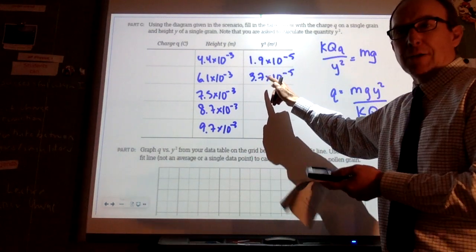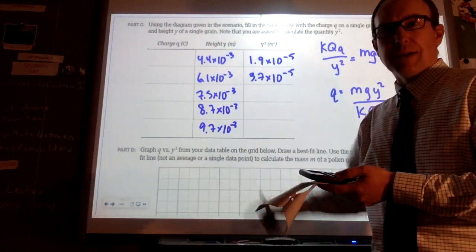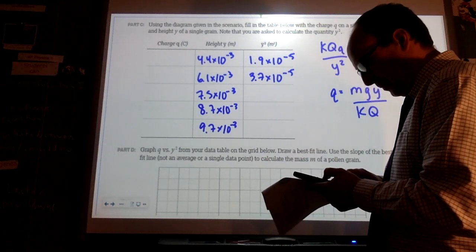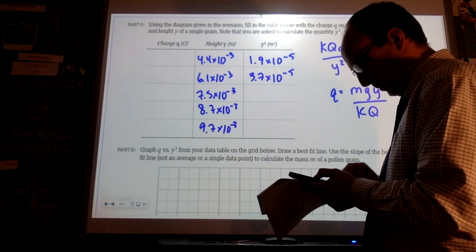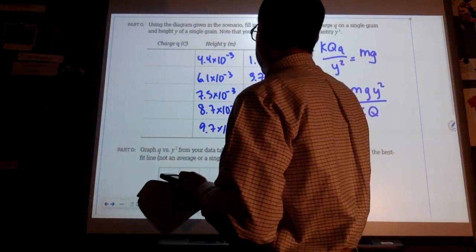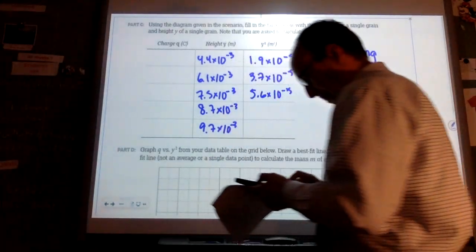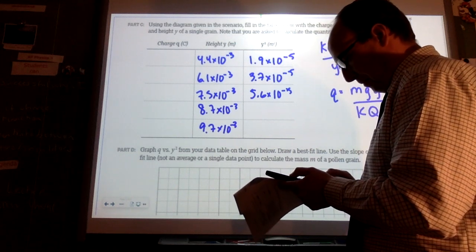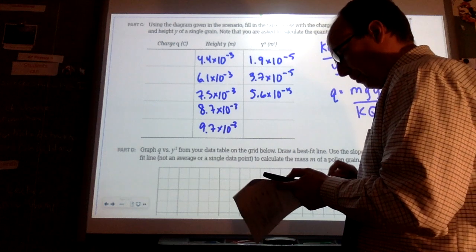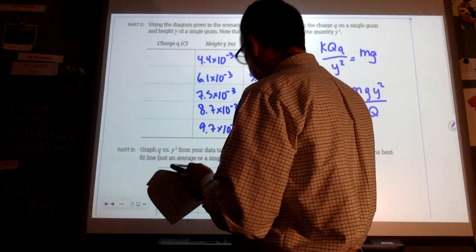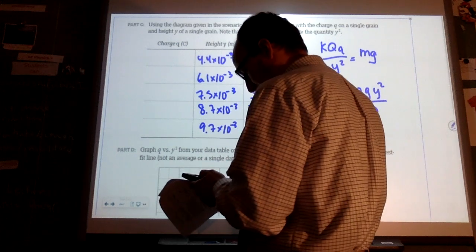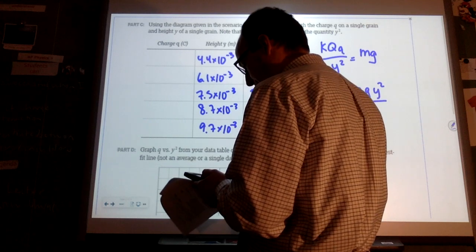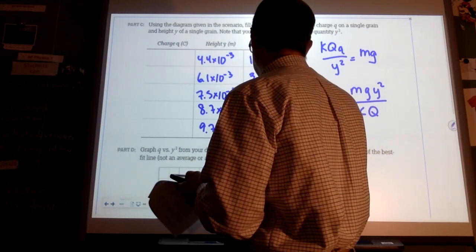Even though my calculator's giving me extra digits, I only have 2 digits there, so I'm not going to add any extra digits in there. I have 5.6 times 10 to the negative fifth. I have 7.6 times 10 to the negative fifth. And I have 9.4 times 10 to the negative fifth.